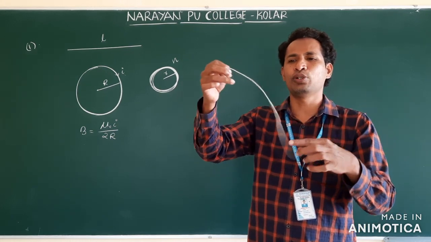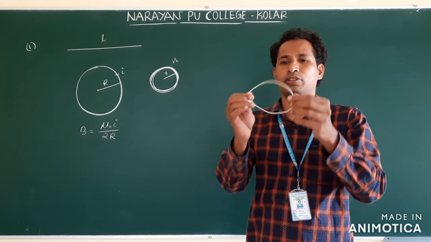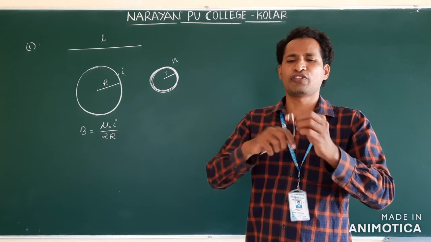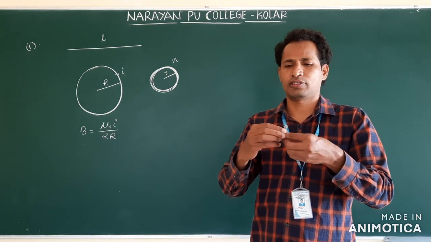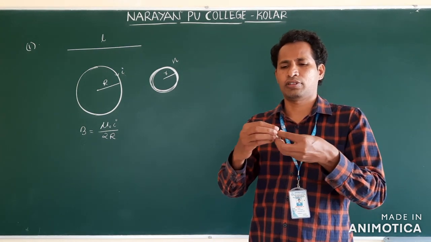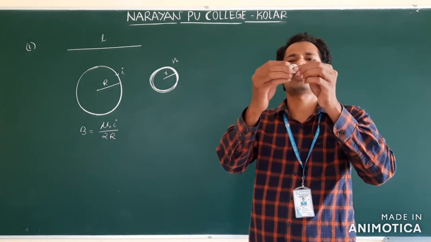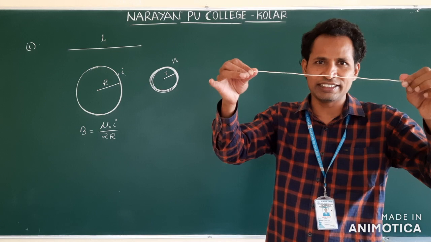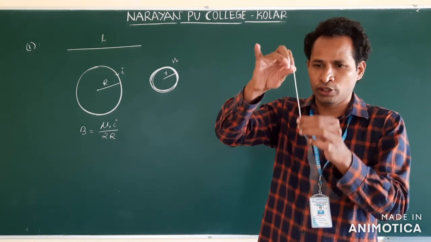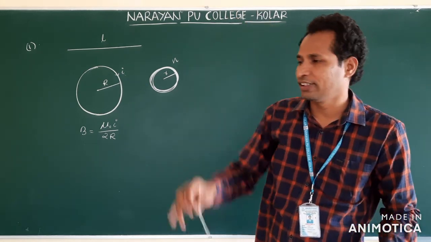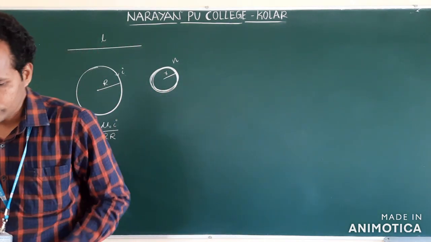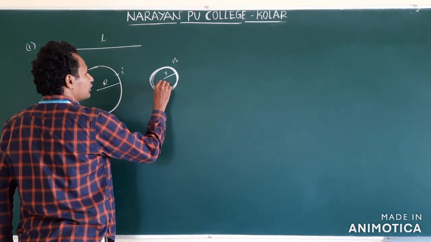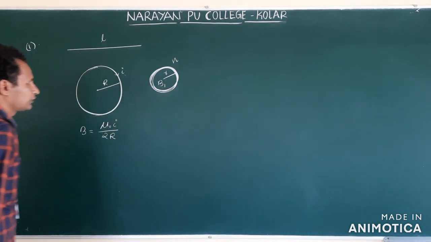When it is a single loop, single coil, same length. If you make it n number of turns, again the length remains the same. Using this concept, we will find the answer. Now they are asking for the field. Consider this as B1.